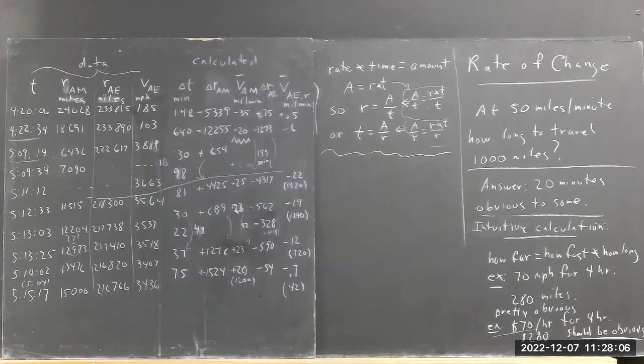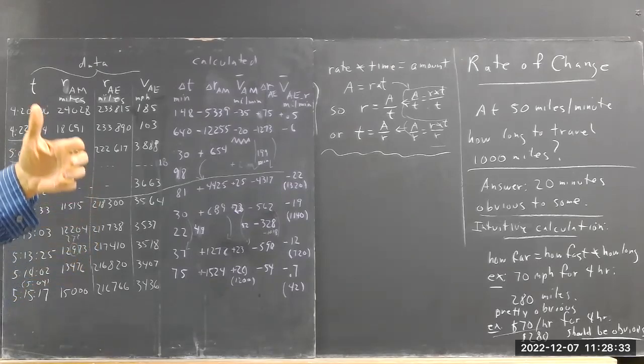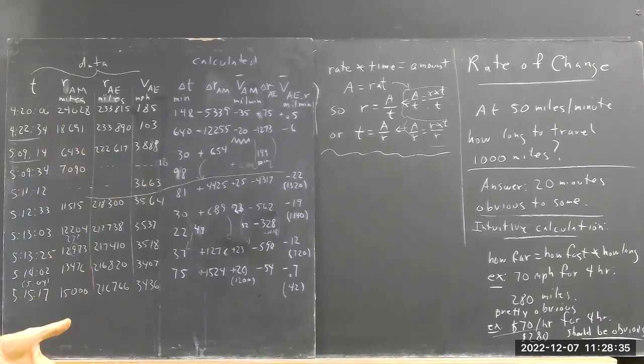Okay, now what we want is the distance between here and here, right? So how far is it? Well, it's about 12,000 miles. And how long did it take? That's the time we want to use. We don't care about what the clock says. The clock could have started back at midnight when the Huns invaded Rome.